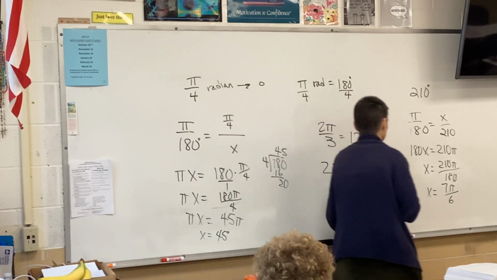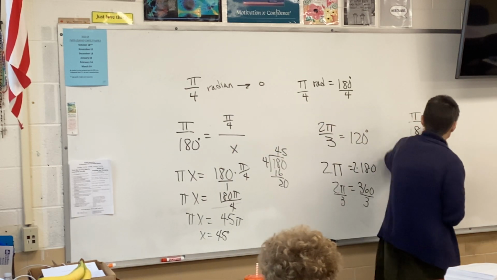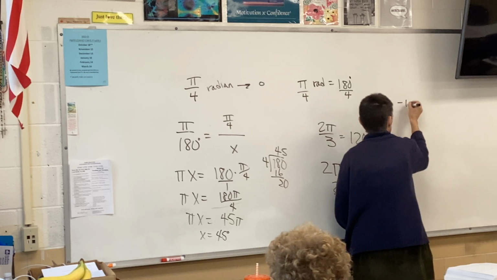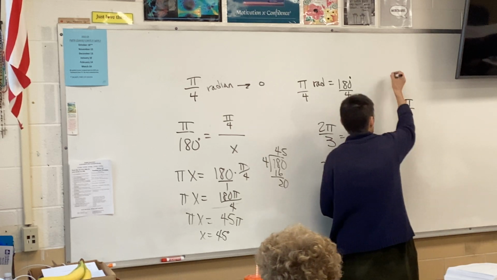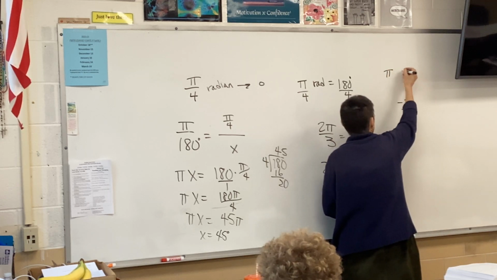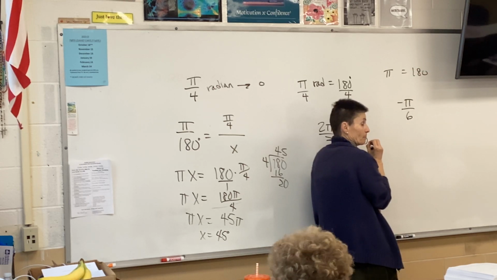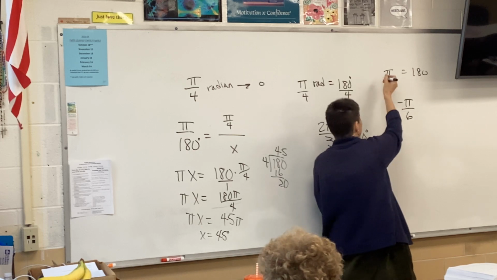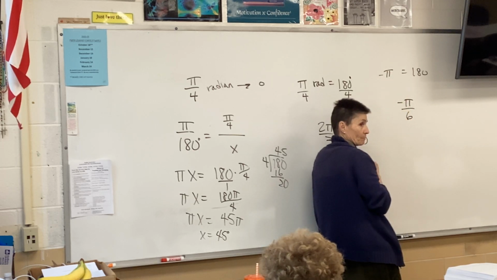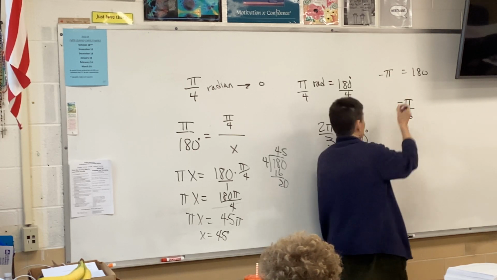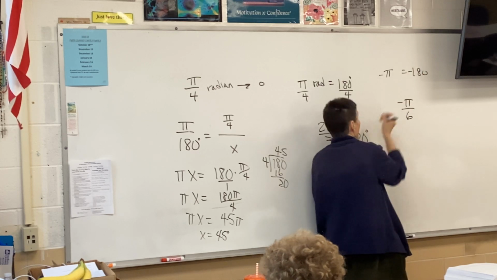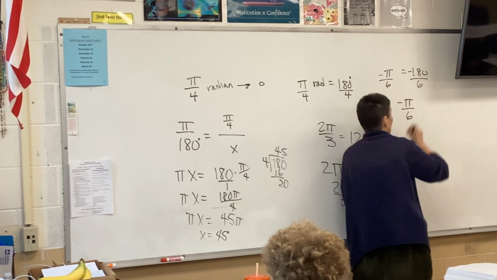Let's do negative pi over 6. Remember, pi is 180. Period. So what would negative pi be? Negative 180. And what would happen if we divided that by 6?